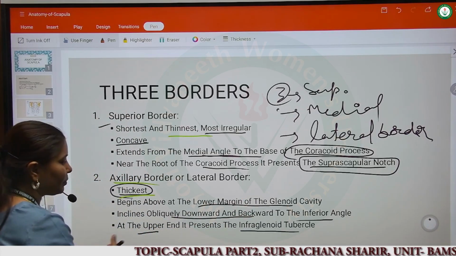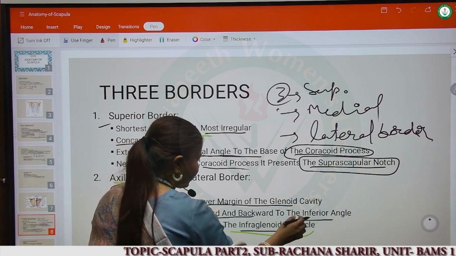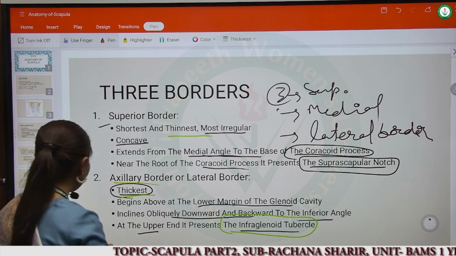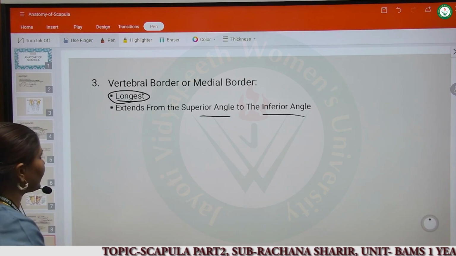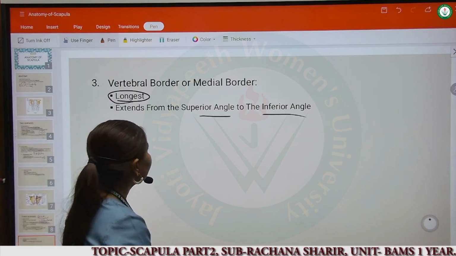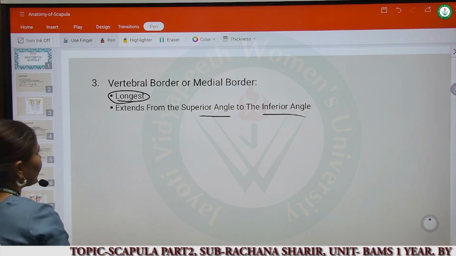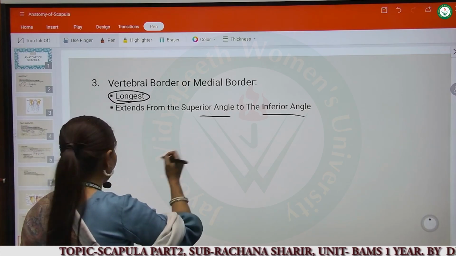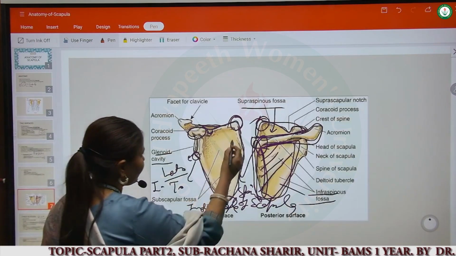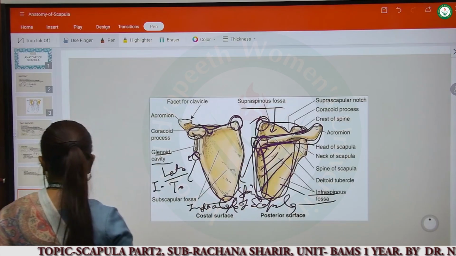At the upper end it presents the infraglenoid tubercle. Infraglenoid tubercle is present on the inferior part. Then we saw the vertebral border or medial border. Medial border is the longest border of scapula, situated between the superior angle and inferior angle.